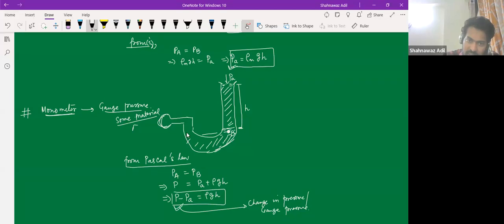These are the two points. This is point A, and this is the point at the same height. This is open because the fluid is air, so this pressure would be just P at this point. This would be correct, right?